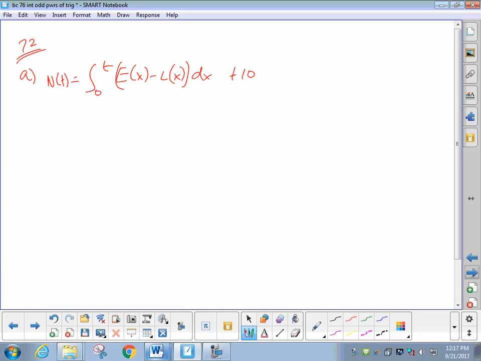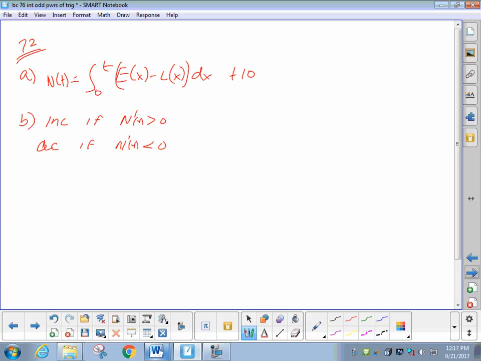All right. Is the number of people in the store increasing or decreasing at time 4? So there's a fancy calculus way to do this and a more common-sense way. The fancy calculus way is to say increasing if n prime is positive and decreasing if n prime is negative at time 4.